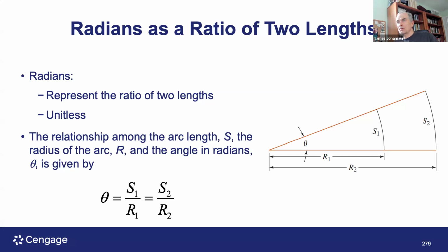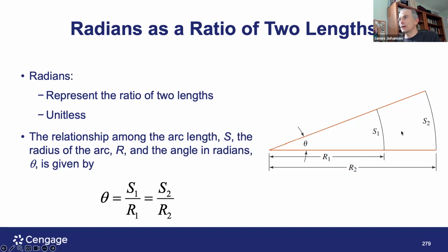But now here's the first of two things, the radian. Radians represent the ratio of two lengths, and so they're unitless. Here we can see the ratio of S1 to R1 and S2 to R2, but those are going to be the same.